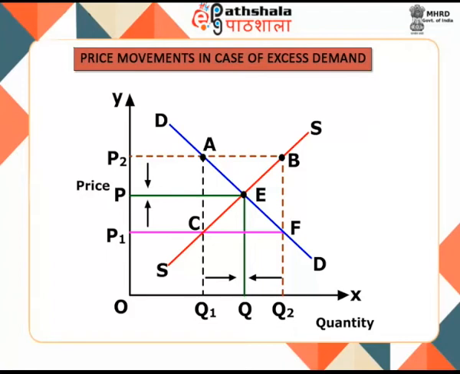Thus, according to the Walrasian stability condition, when excess demand is positive, the buyers will increase the price, and if it is negative, the sellers will reduce the price, as a result of which the equilibrium position is restored at E as shown.